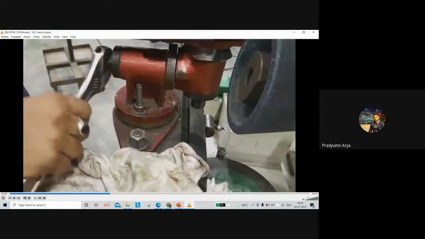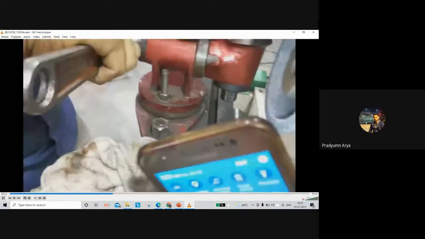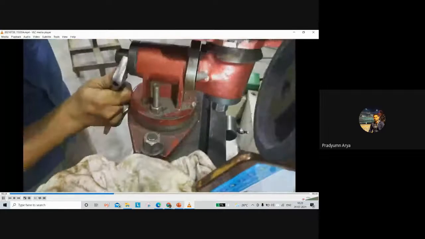Next, we are making the back rake angle and side rake angle. So again, we can set the angle with the help of the angle hand wheel.